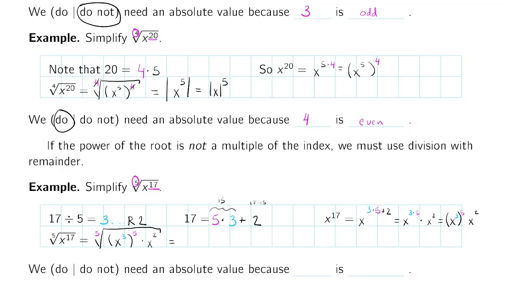And now we split that up. We have the fifth root of x to the third to the fifth, multiplied by the fifth root of x squared. And now the fifth root and fifth power cancel out, and we're just left with x to the third outside of any radicals, multiplied by the fifth root of x squared.